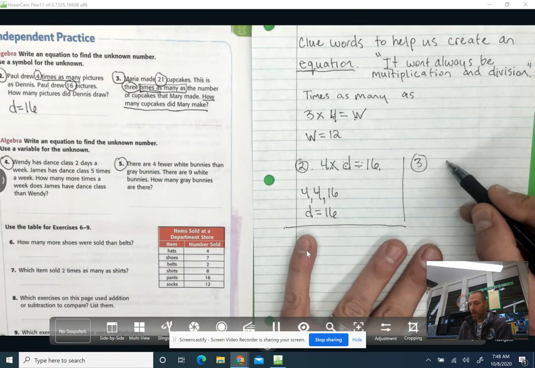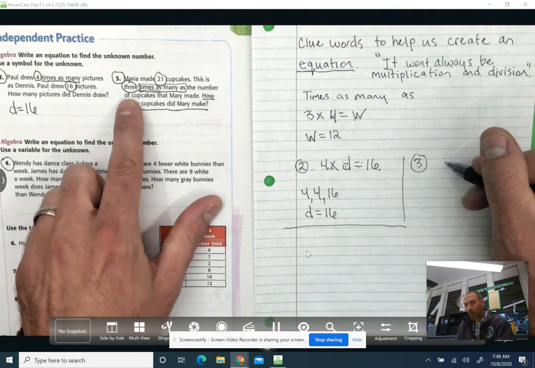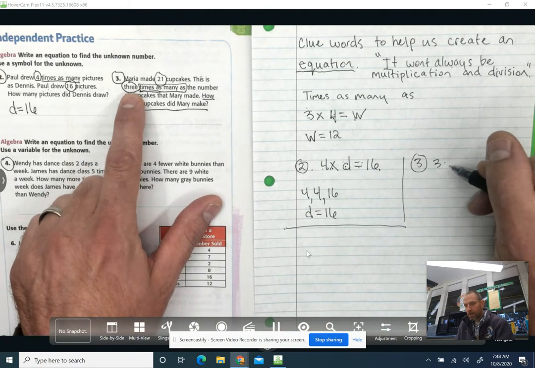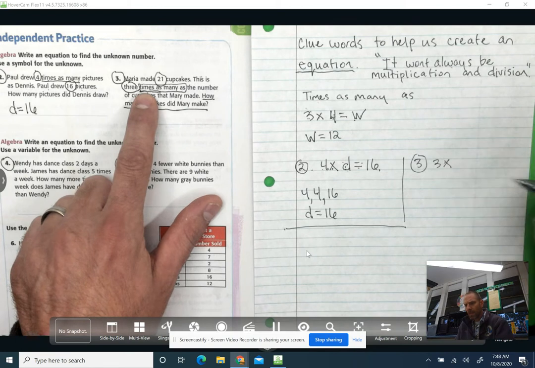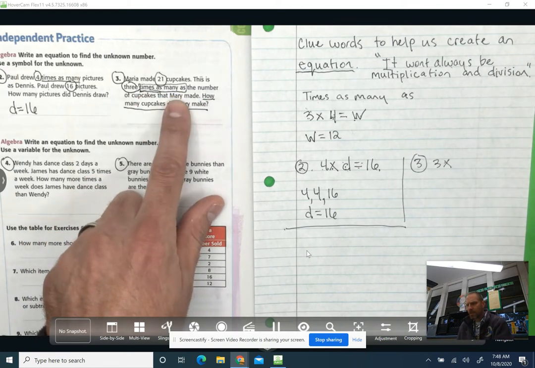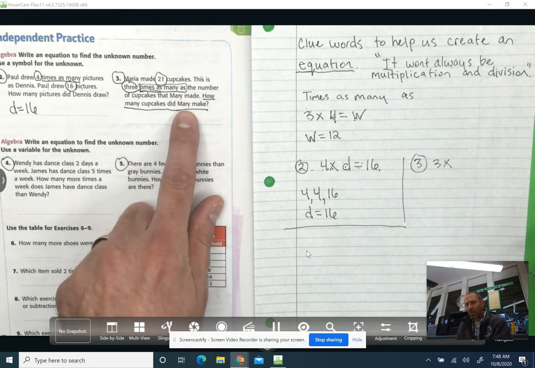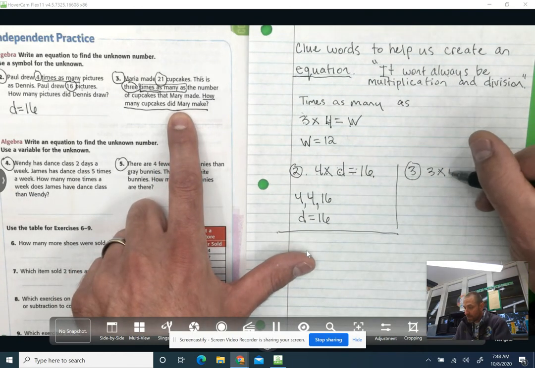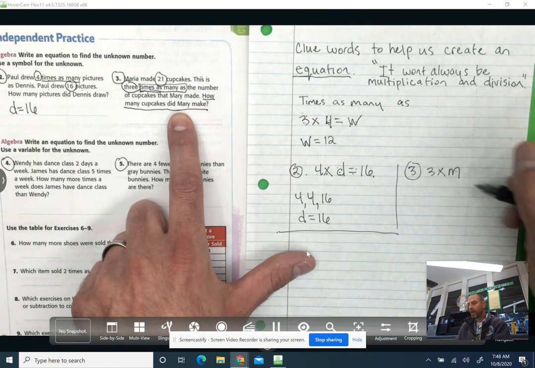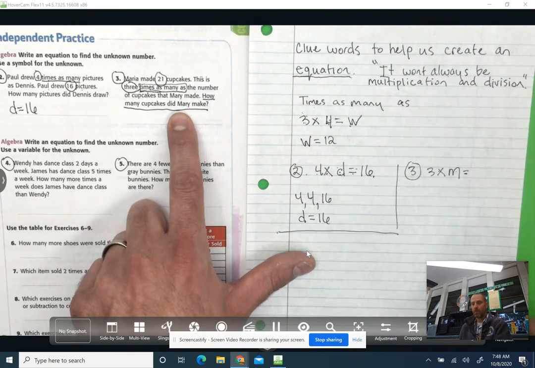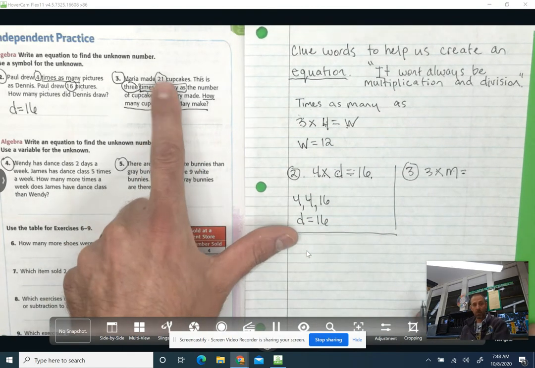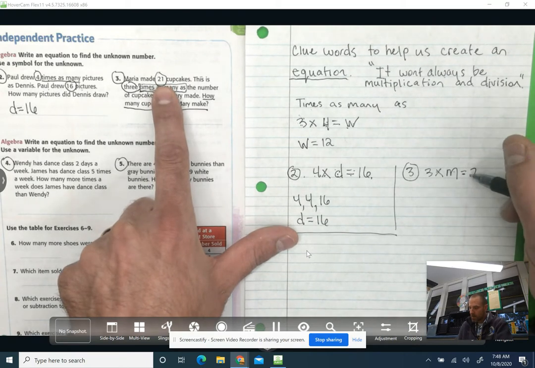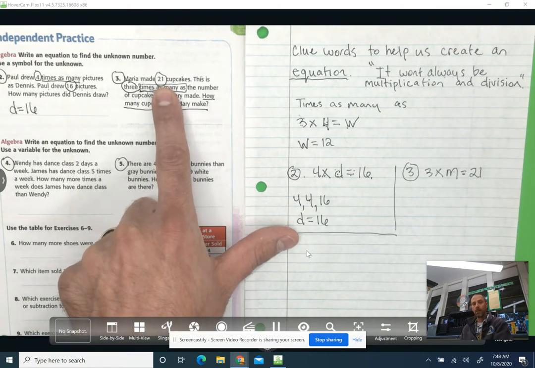Let's start to make our equation. 3 times as many as the number of cupcakes that Mary made. So we don't know how many cupcakes Mary made, right? So let's make our variable m for Mary is equal to, well, the 21 cupcakes that Maria made.